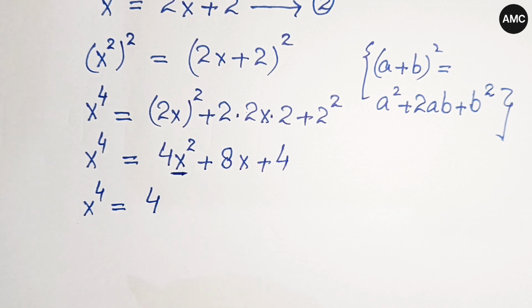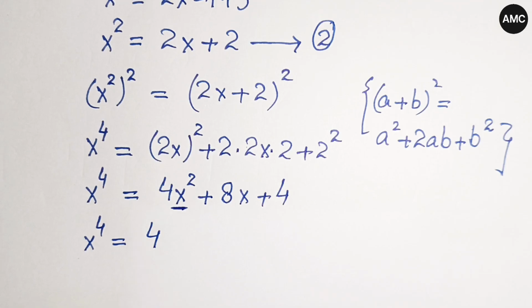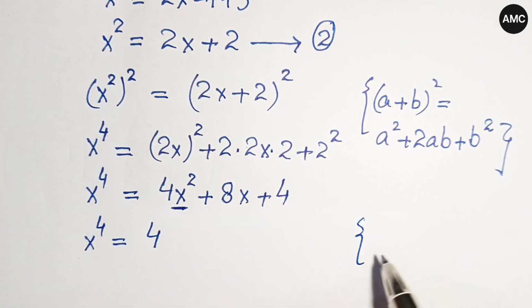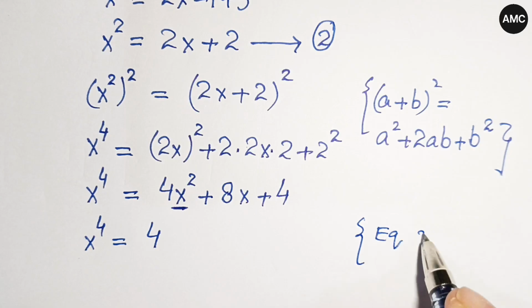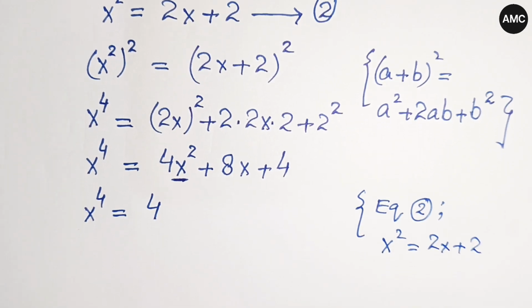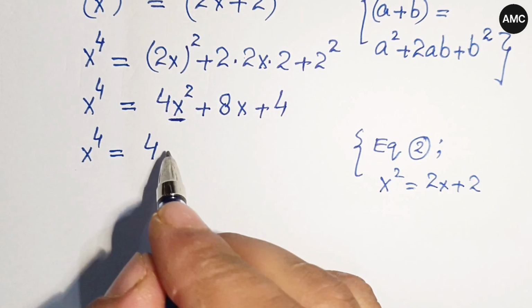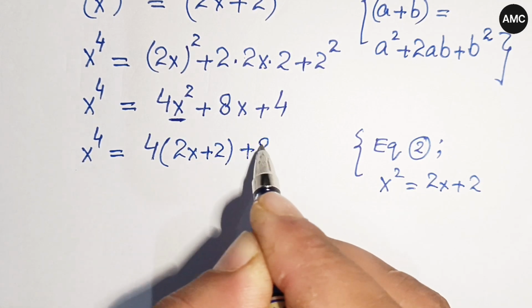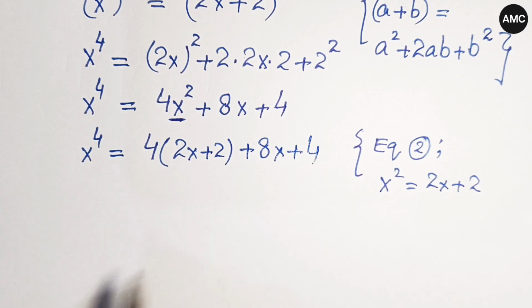Now here we have x to the power 4 is equal to 4 times this x squared. This x squared is actually from equation number 2, where we see that x squared is equal to 2x plus 2. So putting this value here, we get 4 times (2x plus 2) plus 8x plus 4.